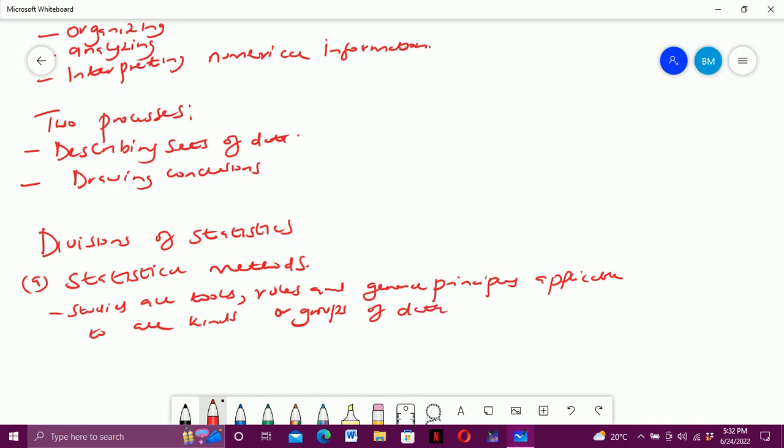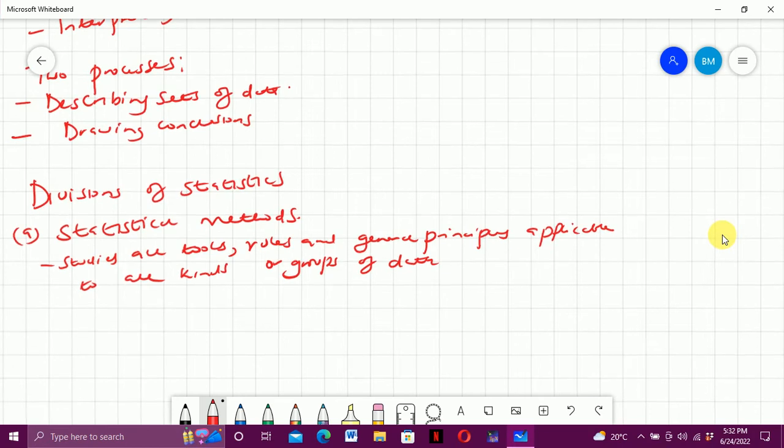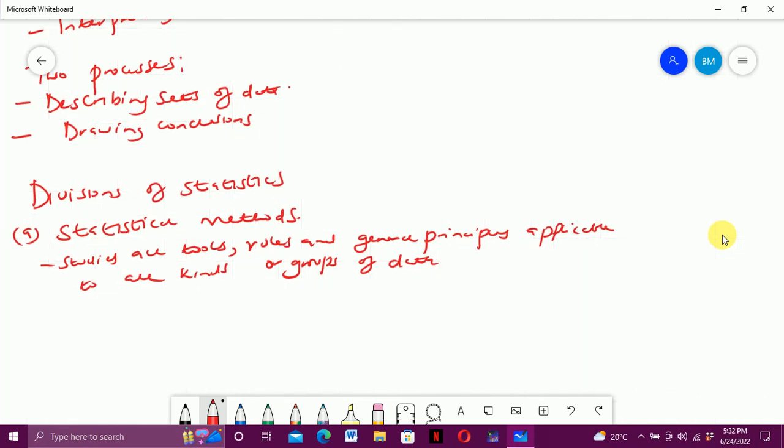So that's what we call statistical methods. It studies all tools, rules and general principles applicable to all kinds or groups of data.